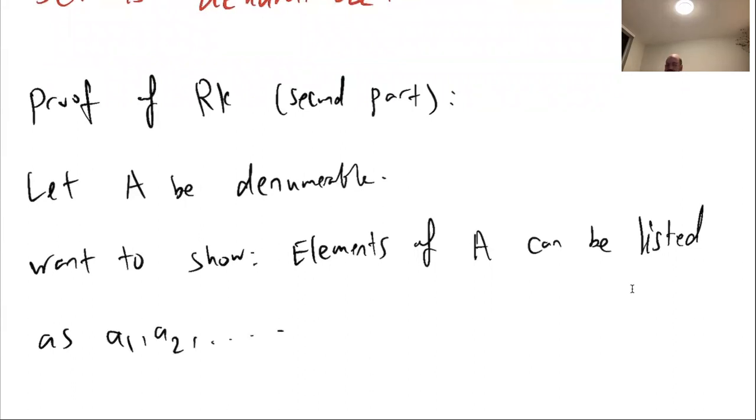We want to show that in this case, if it's denumerable, we can say, okay, which one is the first element? There is a first element, there is a second element, and so on.